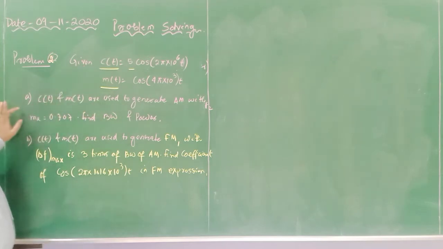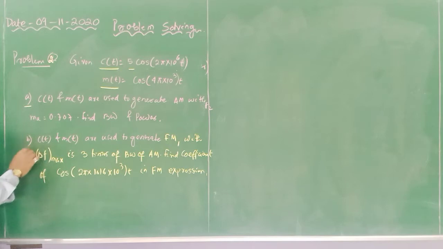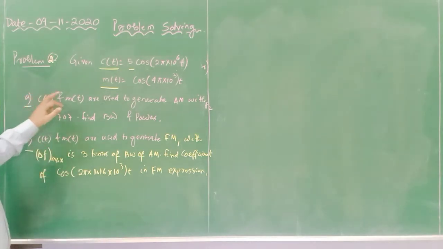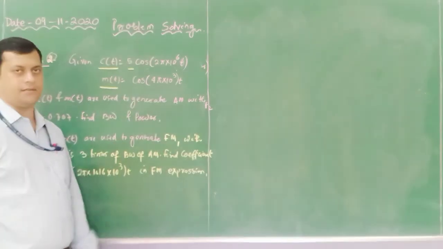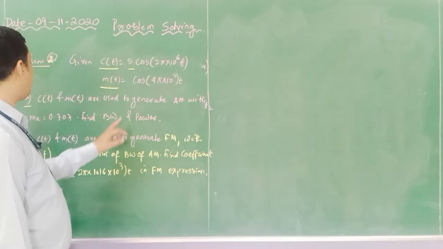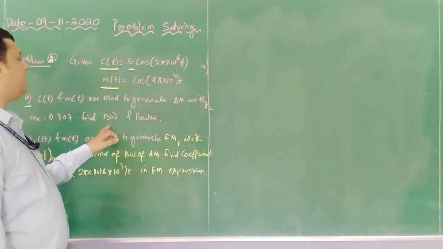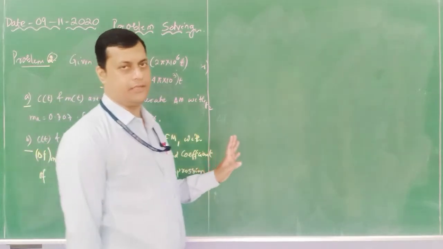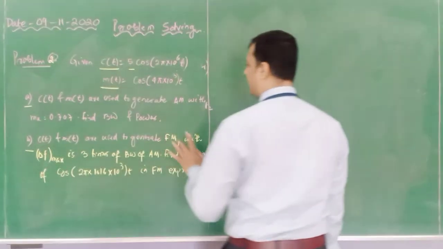Now here we are going to discuss 2 points. Point A: if c of t and m of t are given to an AM generator, what will be our bandwidth and power if my modulation index is 0.707? It is quite easy, a question related to AM.